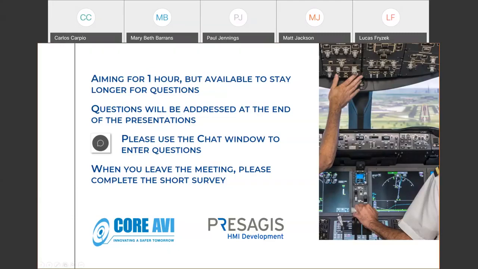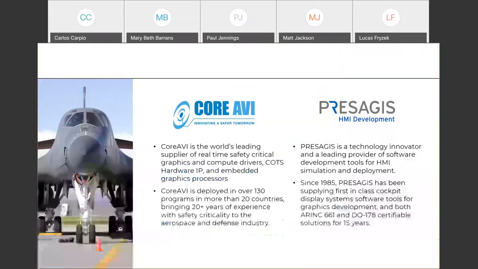So without more ado, the companies that are talking to you today. Core AVI is the world's leading supplier of real-time safety-critical graphics and compute drivers, COTS hardware IP, and embedded graphics processors. Core AVI software has been deployed in over 130 programs in more than 20 countries, bringing 20 or more years of experience with safety criticality to the aerospace and defense industry.